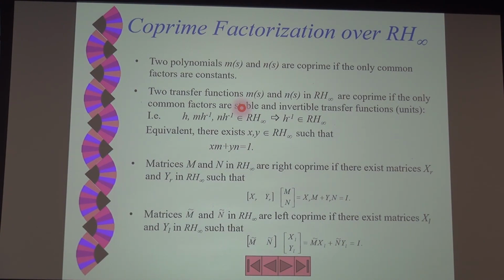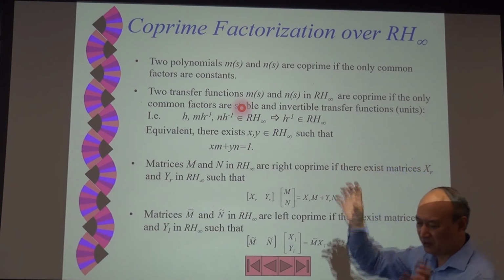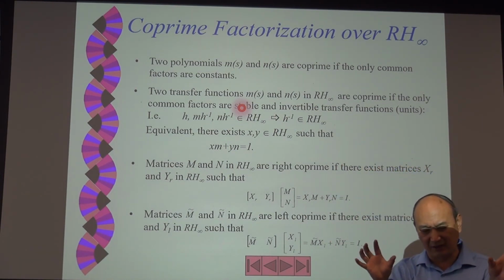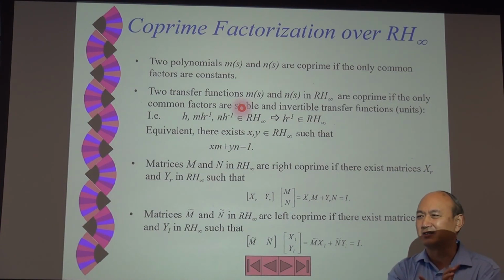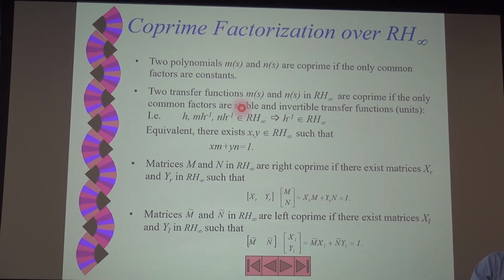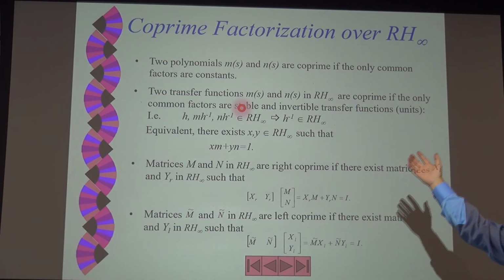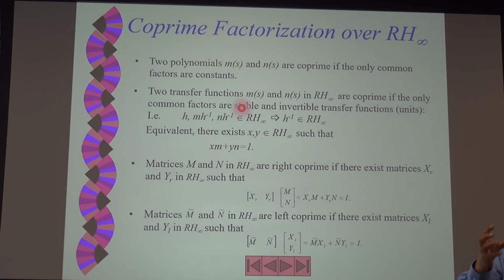Remember, with two polynomials, they are coprime if they cannot have common factors. But now assume M and N are no longer just polynomials, but ratios of two polynomials. M has a numerator and denominator, and N has a numerator and denominator.